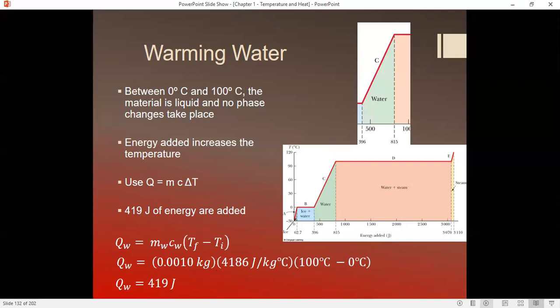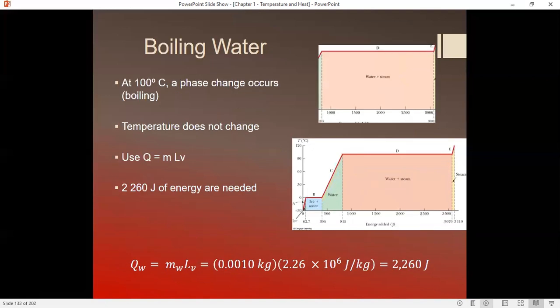Okay, so now I have liquid water at its boiling point. And this is what's really, really impressive. I'm going to go from 100% liquid water to steam at 100 degrees. Again, here's my equation.